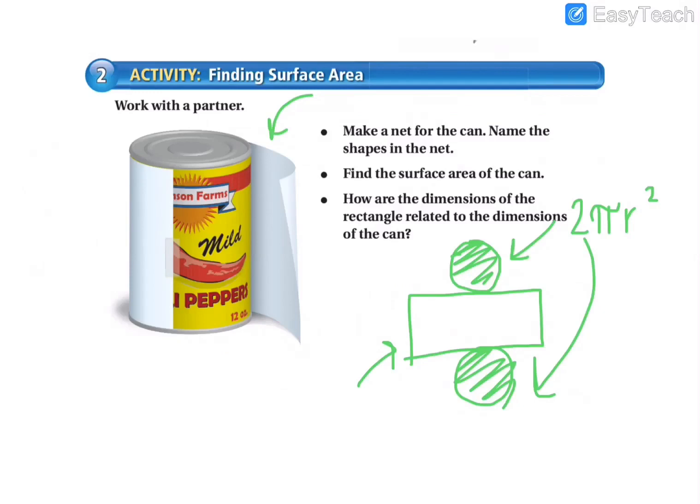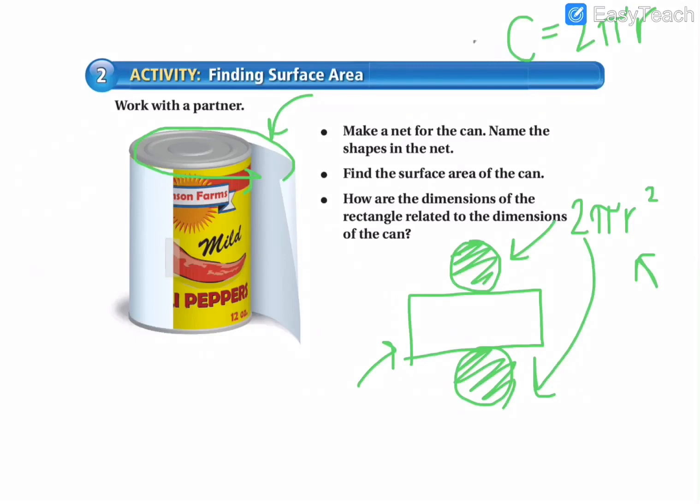Now, obviously, we know that rectangle is length by width, but those measurements don't really go with pi r, those variables. So we have to put it in terms of these variables. If you think about what's happening with this paper, it's literally going around the circumference of the circle. So remember, to find the circumference of a circle, you do 2 times pi times radius, or it was pi times diameter, because diameter is the same thing as 2 radius.